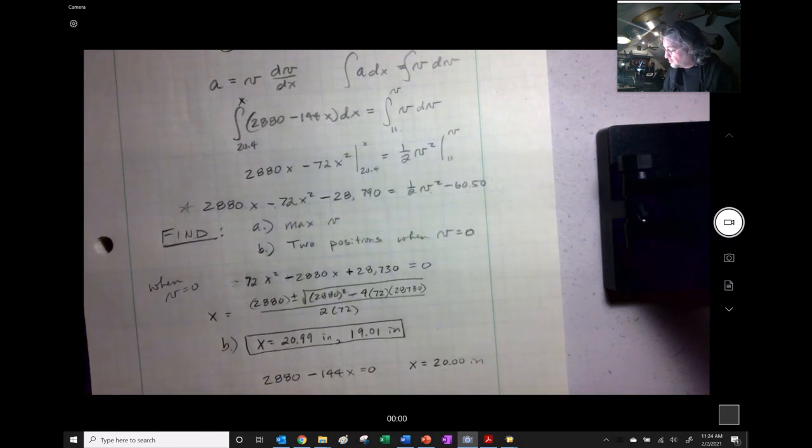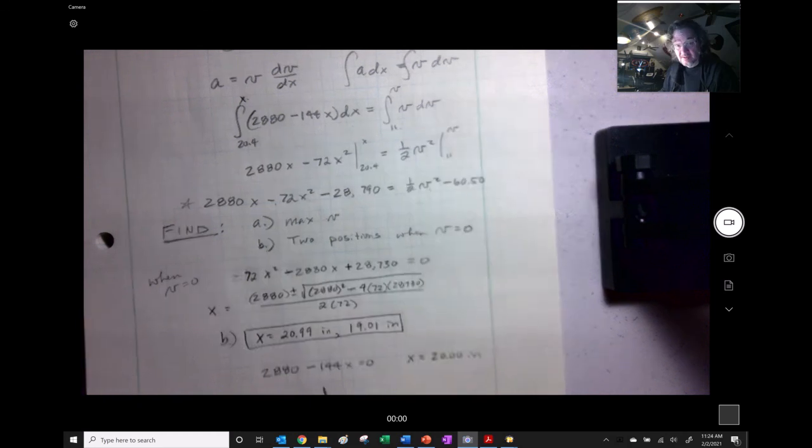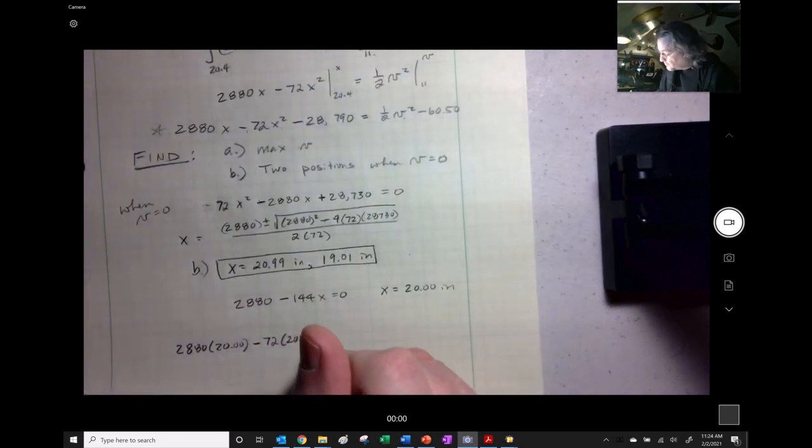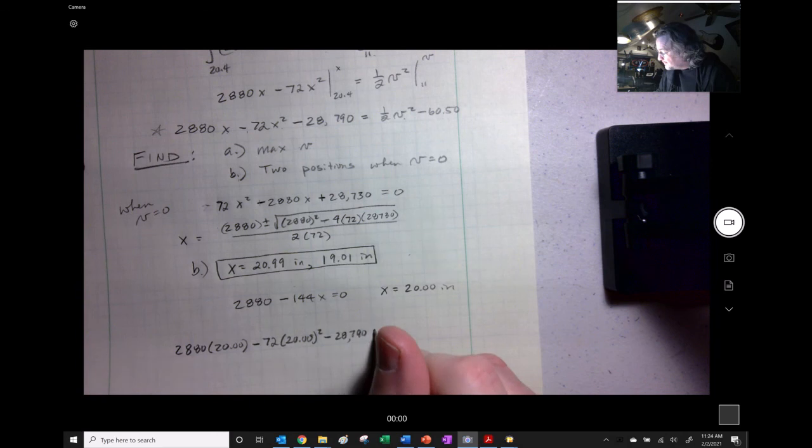So just 2880 times 20 inches minus 72 times 20 inches squared, 28,790.